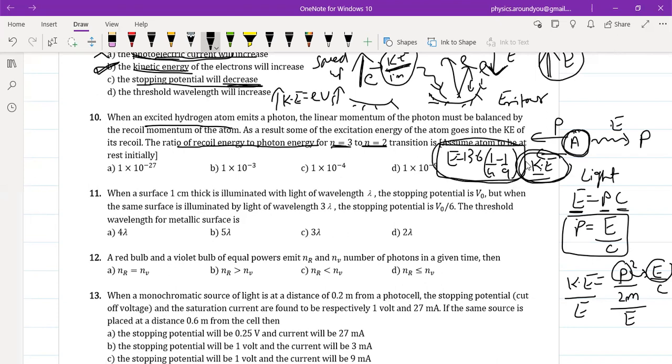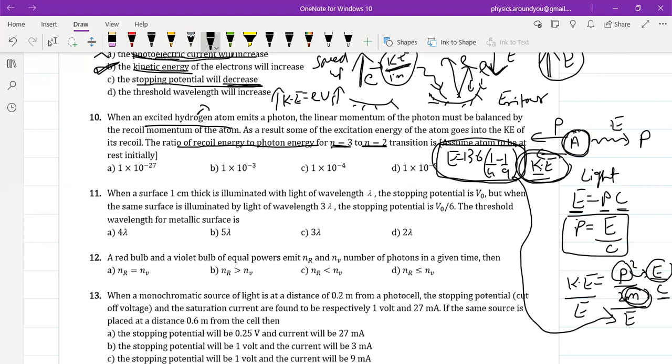This is the energy of the light released. I can put it over here. The mass of the hydrogen atom weighs as much as a proton does. So you know the mass of the hydrogen atom, and then c being the speed of light. We know all these values, we plug them in and we get the answer. So this is how you do the 10th question.